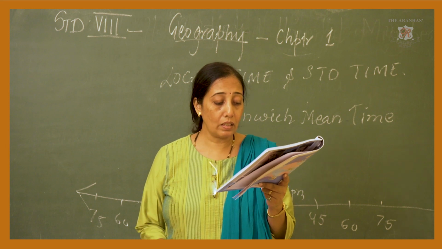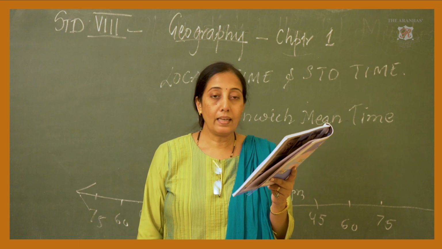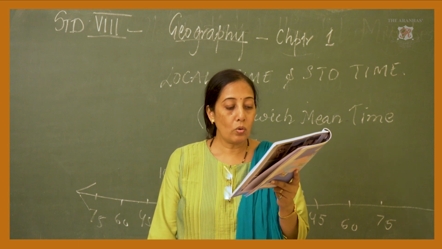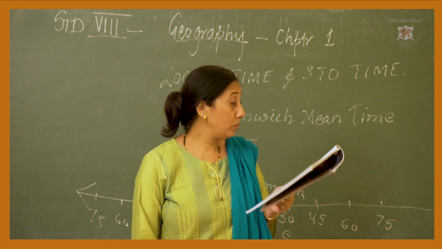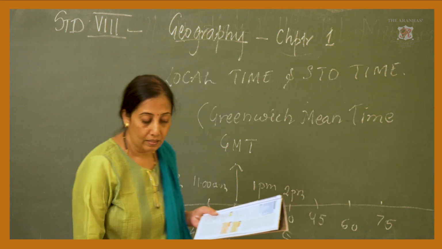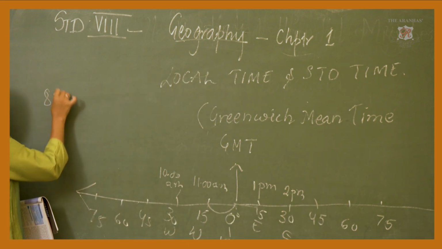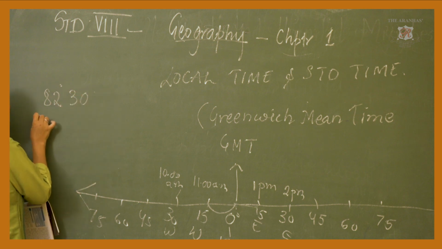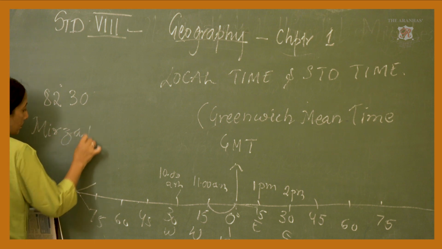Now see, Mumbai is located at 70 degree east longitude and Kolkata is located at 88 degree east longitude. I told you the Indian local time is calculated on which longitude? Where is that? In Mirzapur.